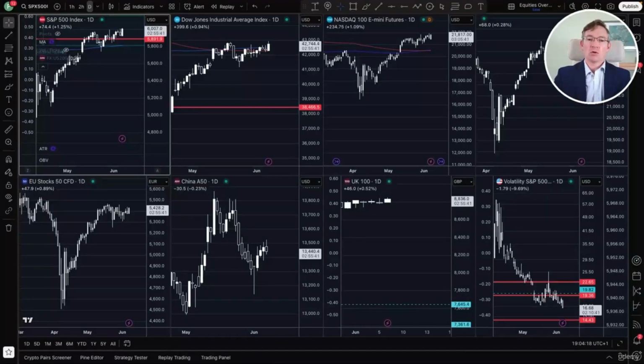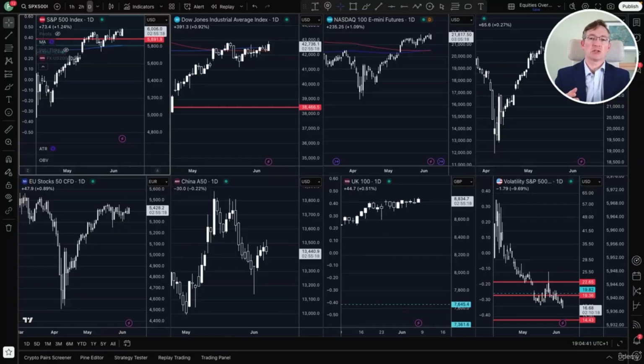Now, stock indices, you can see here I've got the S&P 500, that's the 500 leading companies in the US. I've got the NASDAQ, the tech-heavy 100 companies in the US. I've got the DAX, Eurostoxx, China 50, FTSE 100, and all of them tell us something slightly different.